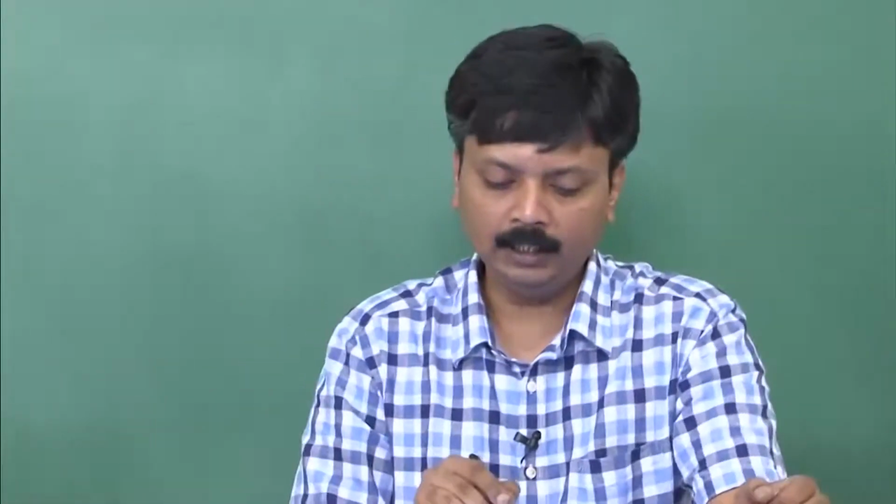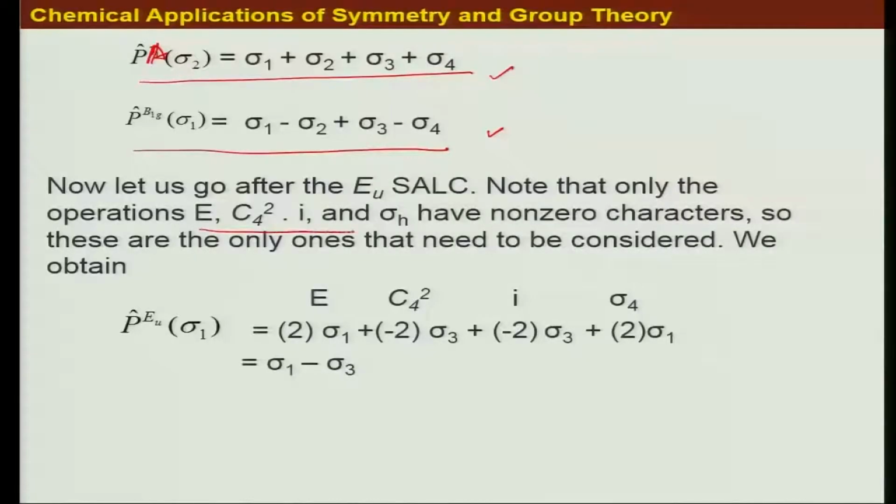So here these 4 symmetry operations will give us non-zero characters that we can find from the character table. So that we consider, and with that we form the projection operator and operate on one of these basis functions, let us say sigma 1, and then what we get? We get this, sigma 1 minus sigma 3.